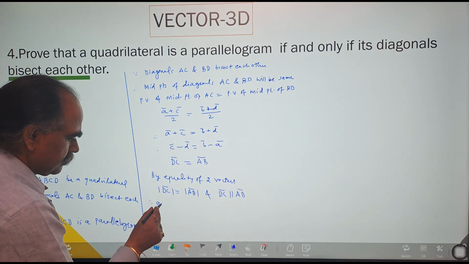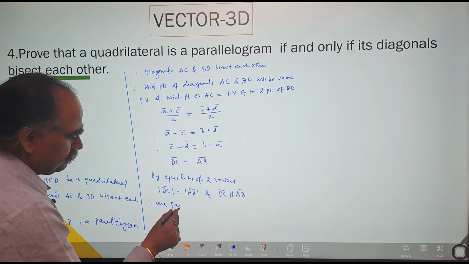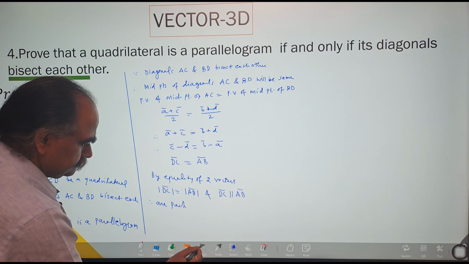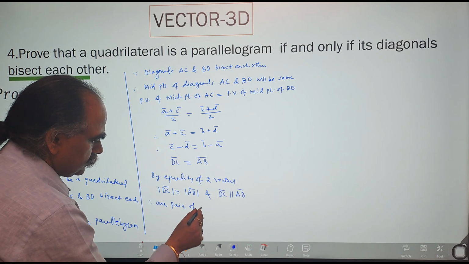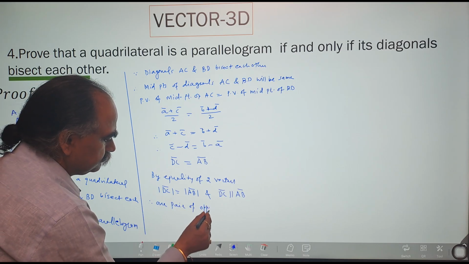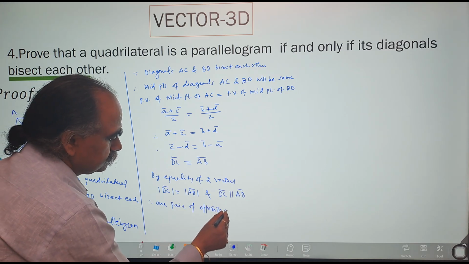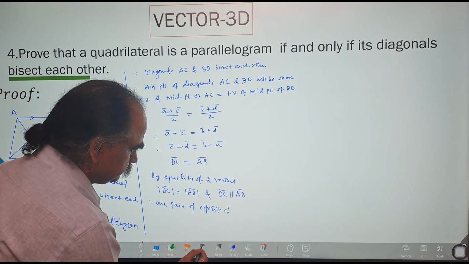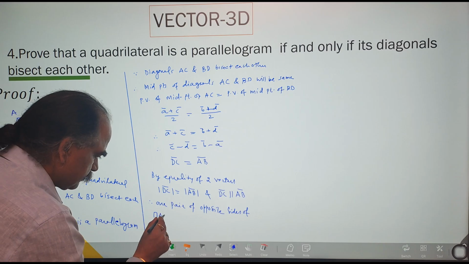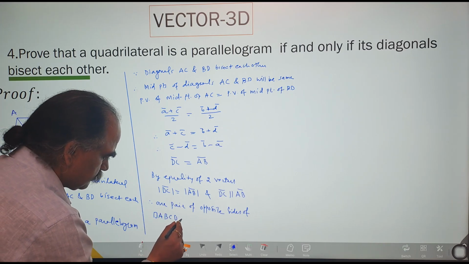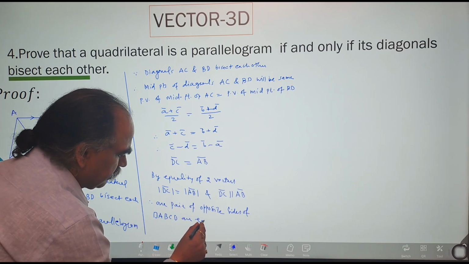Therefore, one pair of opposite sides of quadrilateral ABCD are equal and parallel.